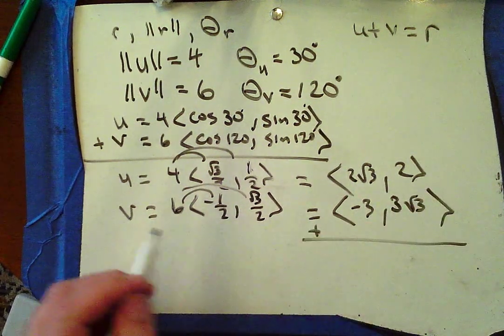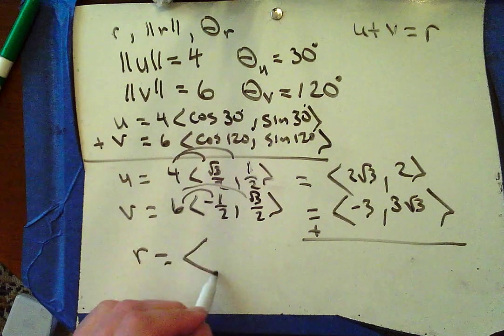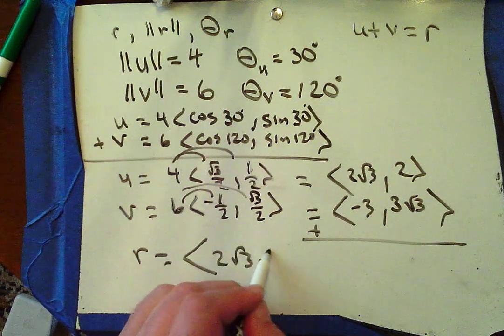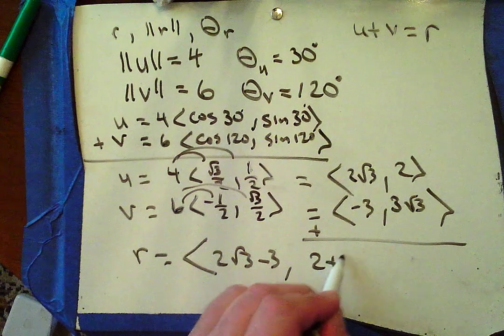If I'm adding these vectors together, I can describe r as 2 root 3 minus 3, comma 2 plus 3 root 3.